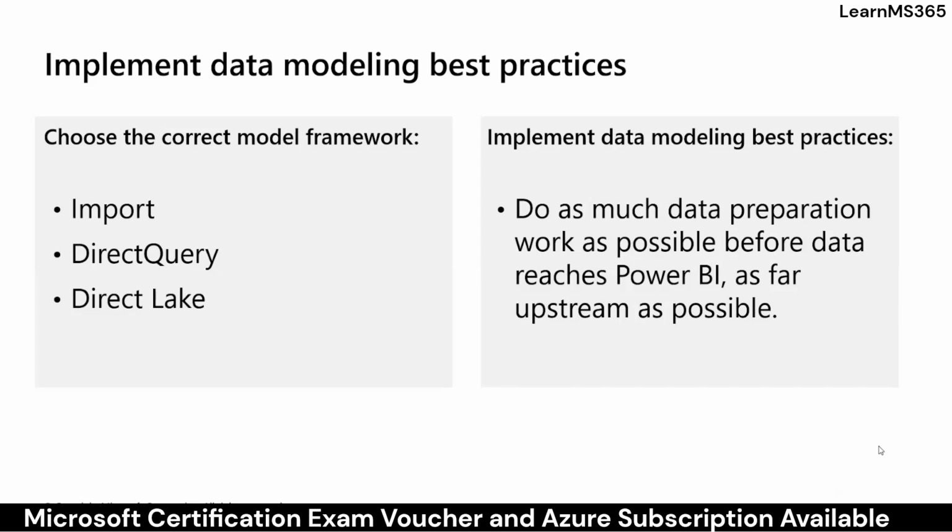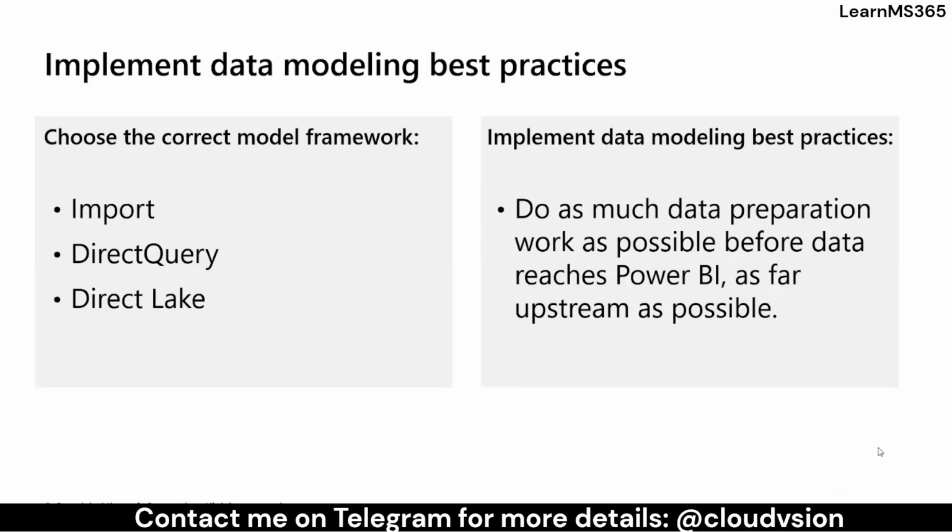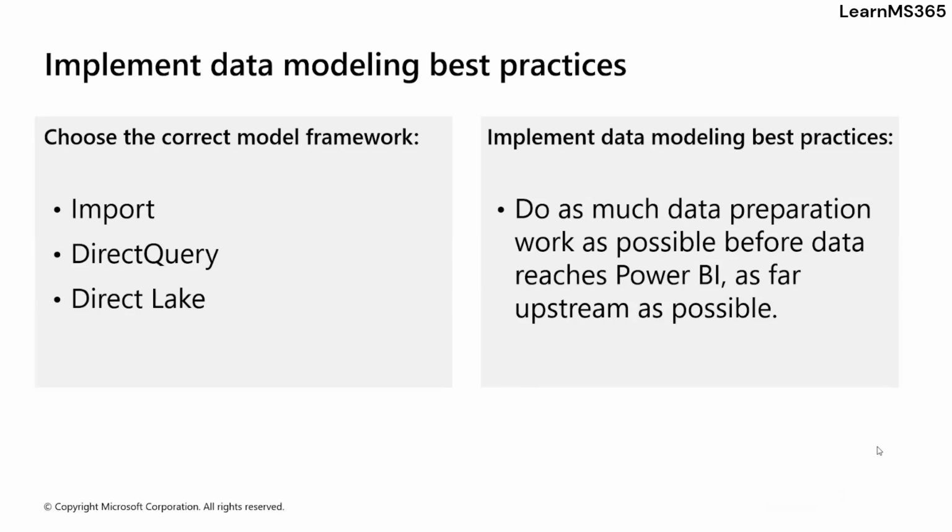Not only this, but you can also limit the use of bidirectional filters on relationships. Apart from it, you can also disable auto date/time, and disable attribute hierarchies for non-attribute columns. If querying a relational database, query database views rather than the tables.